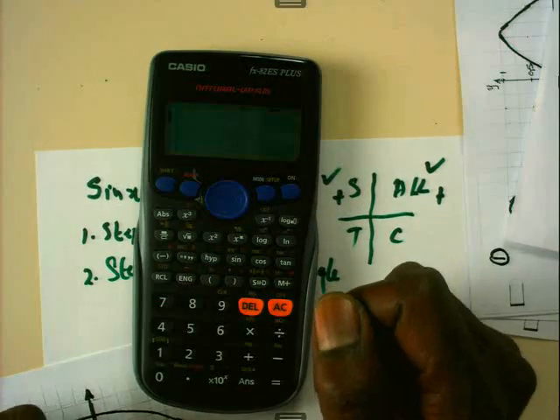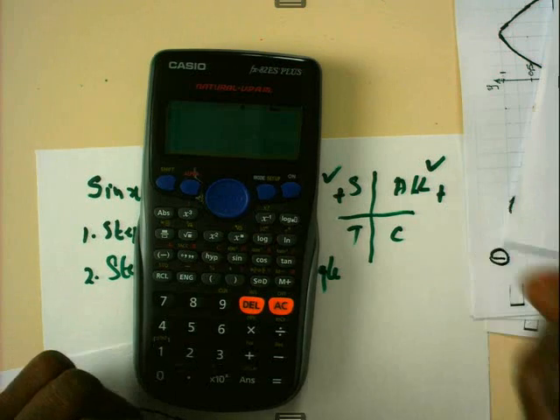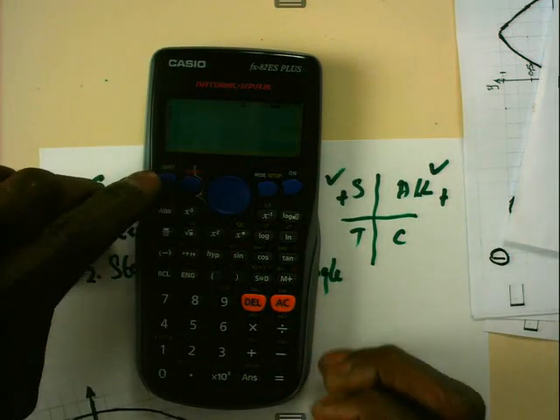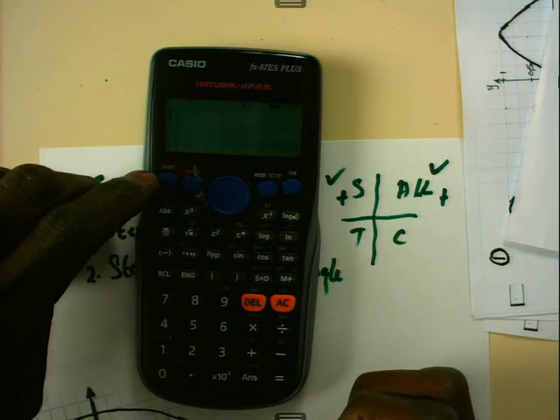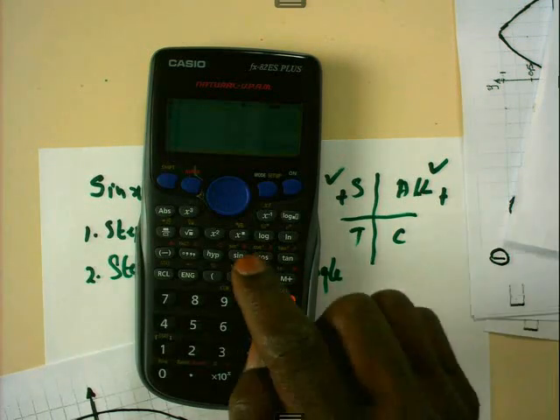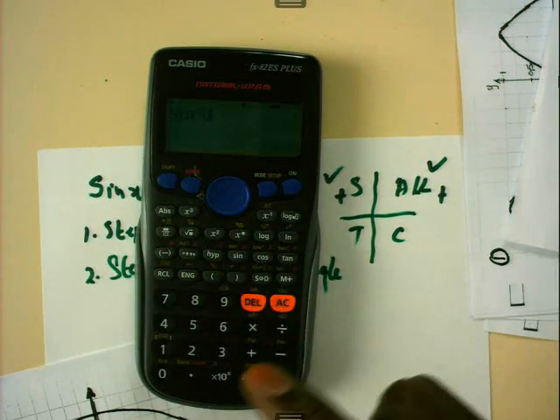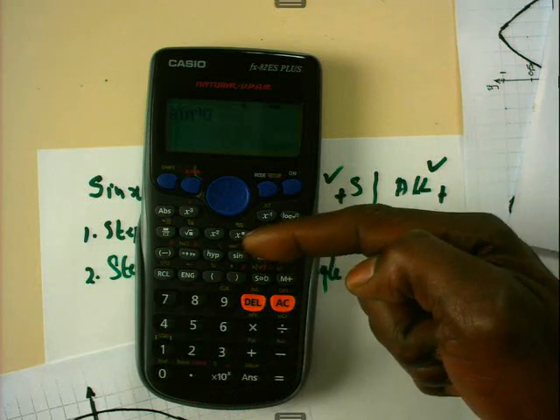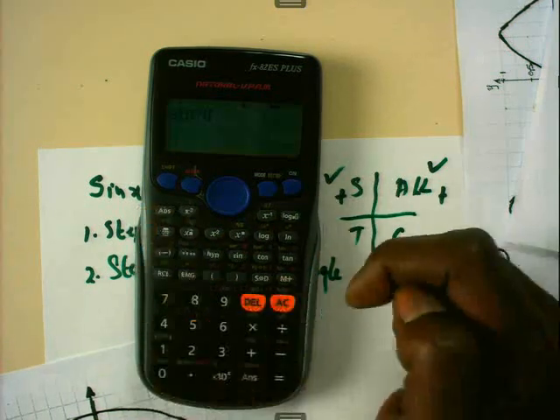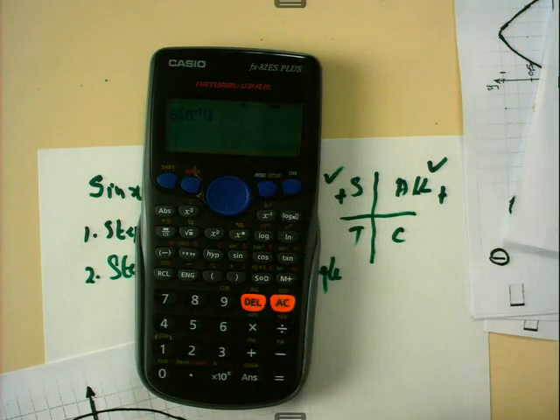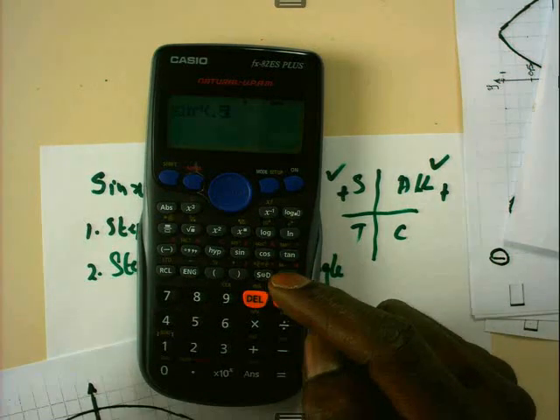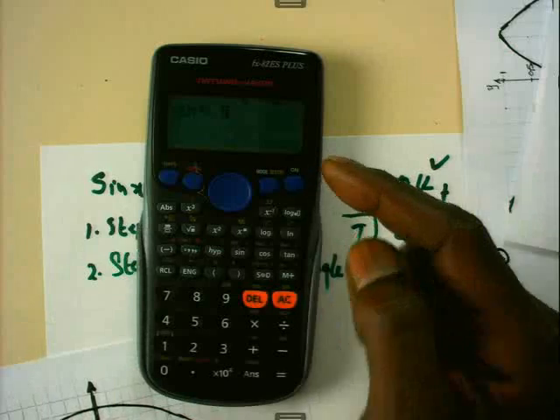I'm having Casio FX82 ES Plus, and we press this button on your top left-hand side, and we'll be pressing shift and we press sine. By so doing, we are actually pressing the function that is on the floor there. So that will be arc sine. We refer to that as arc sine, and then we put 0,5. The Casio was so kind for me to open the bracket for me.